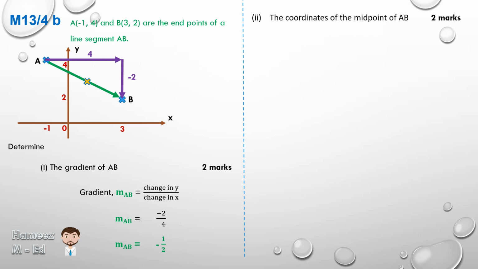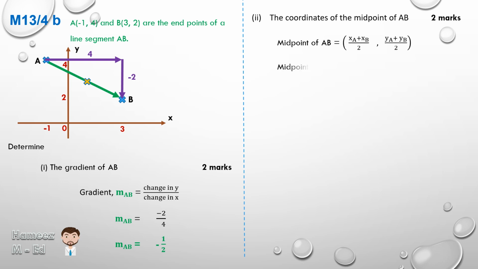We find the average of the two x coordinates of A and B. How do we find the average of two points? We add them up and divide by 2. So the x value of the midpoint is the x value of A plus the x value of B all over 2, and similarly the y value of A plus the y value of B all over 2 gives us the y value of the midpoint.